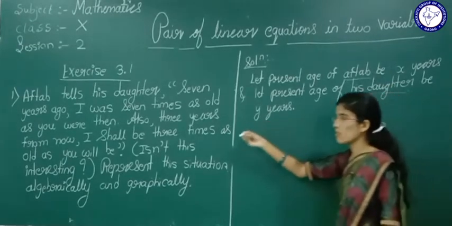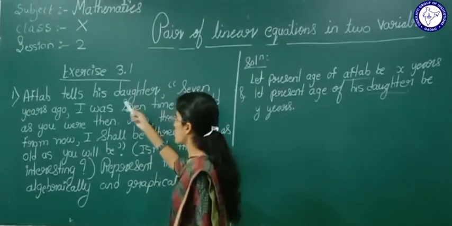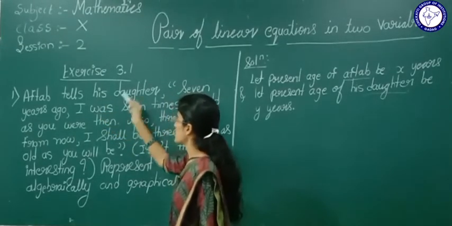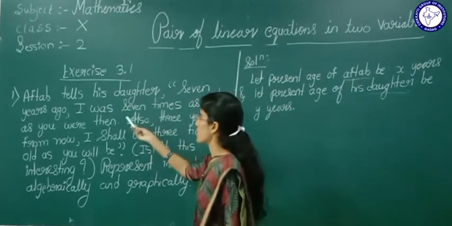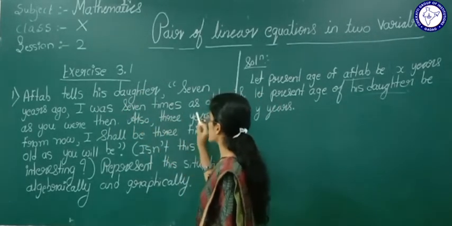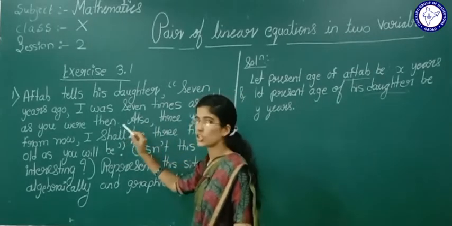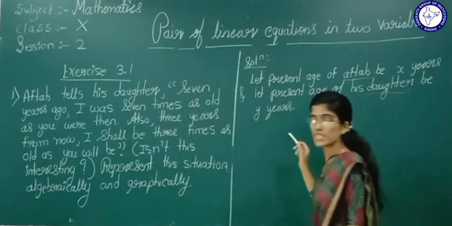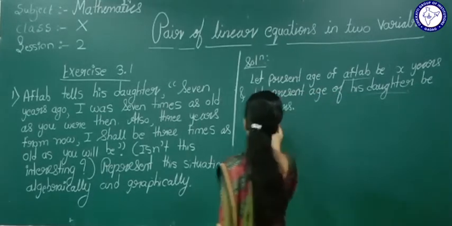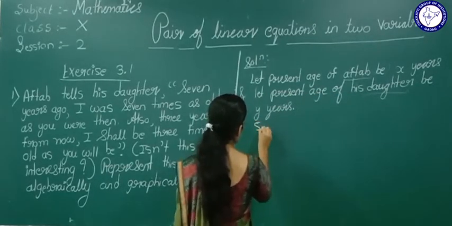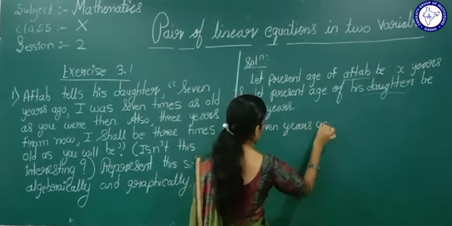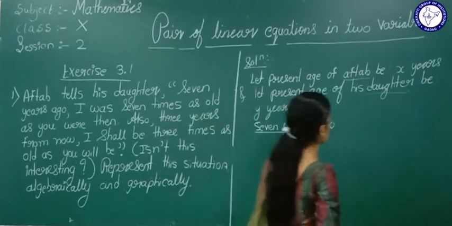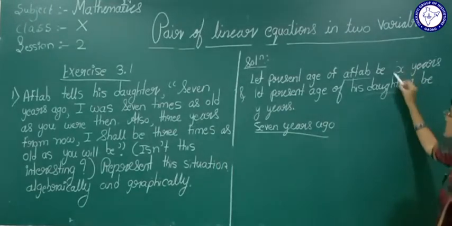We took the present age of Aftaf as x and his daughter's as y. Now we will see the conditions they have given. Aftaf is telling his daughter, 7 years ago the age of Aftaf was 7 times as old as his daughter. We will represent that in an equation. See here, 7 years ago, the present age of Aftaf is x.